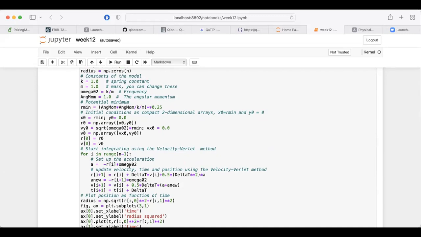The harmonic oscillator is a special case because in Cartesian coordinates, you have an analytical solution. If you had time to watch the videos which we put on during the weekend, that goes through a lot of the discussions around the exercise here. And if you plot it, you get what you would expect.